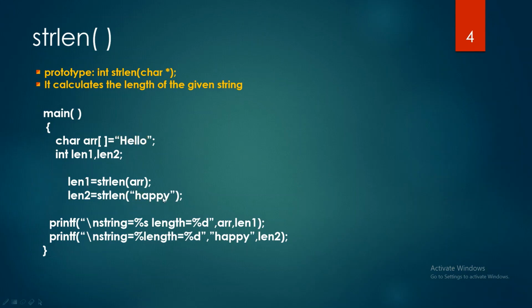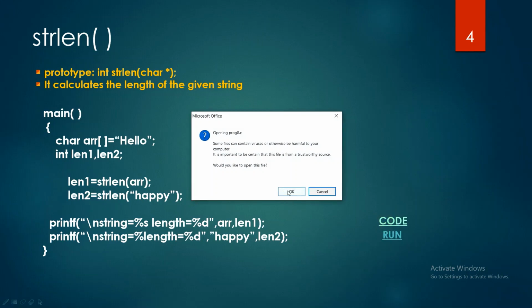strlen("happy"). In this way you can also pass the string. If we pass the string in this way, the base address of happy will be stored in the char * variable, and it returns the length of happy. Now when I run the program, first see the code.